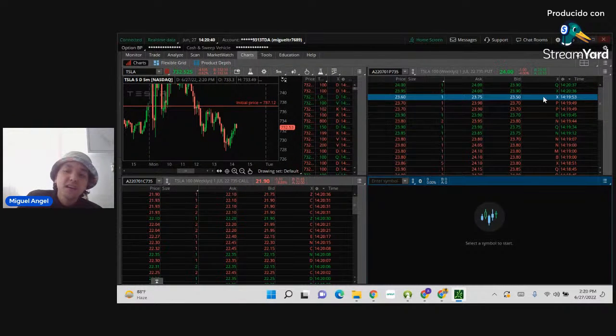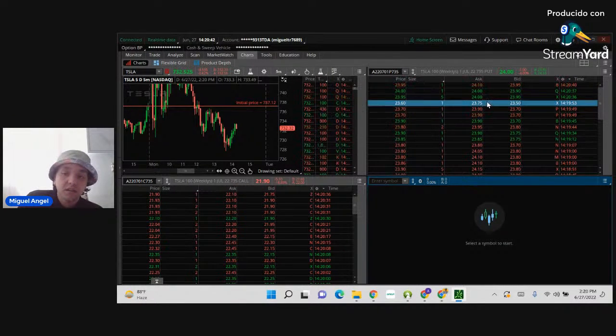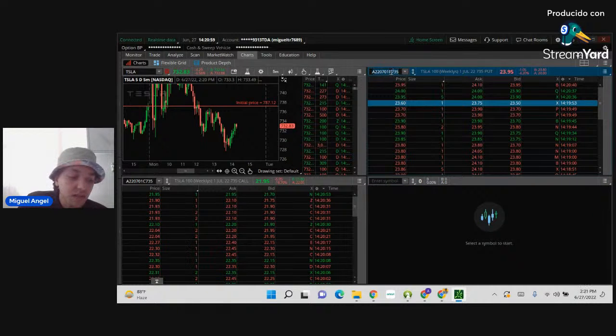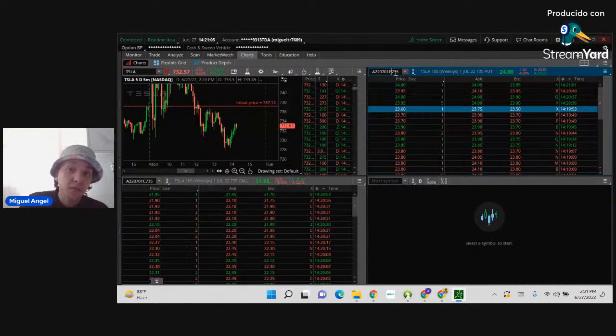And if I see a lot of green here, what it's basically telling me is that people, and when I say people, I mean institutions and market makers, want this price to keep going down. Why? Because I'm using the puts. If you see a lot of green, basically people are going to earn a lot of money when price goes down.